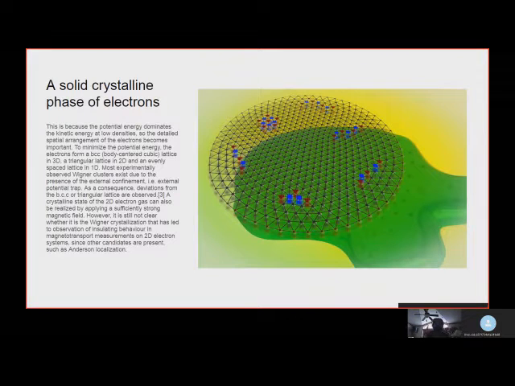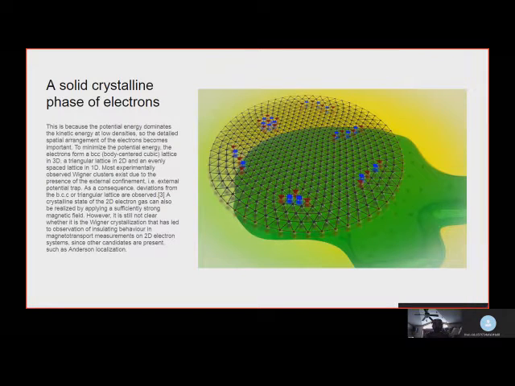This is because the potential energy dominates the kinetic energy at low densities, so the detailed spatial arrangement of the electrons becomes important. To minimize the potential energy, the electrons form a BCC, body-centered cubic lattice in 3D, a triangular lattice in 2D, and an evenly spaced lattice in 1D.